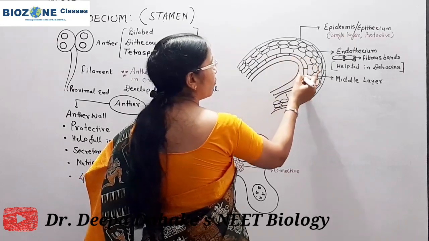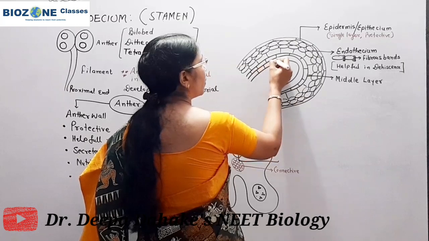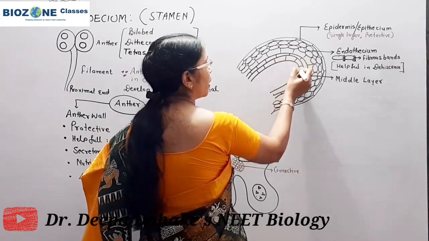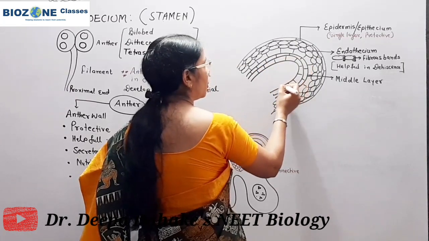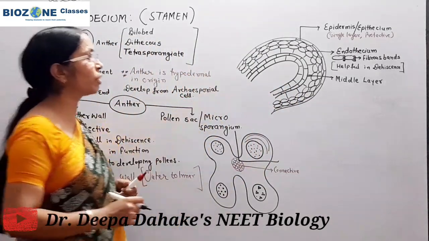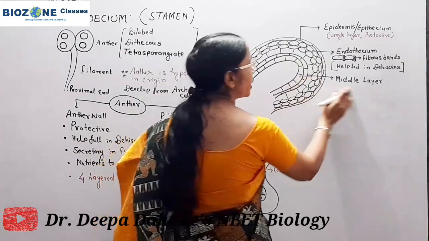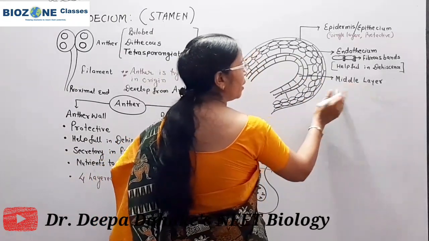So a brick wall like structure; go through the NCERT, where a clear diagram is also provided. So these 3 to 4 layers, here I draw only 3 layers, are arranged as the middle layer.